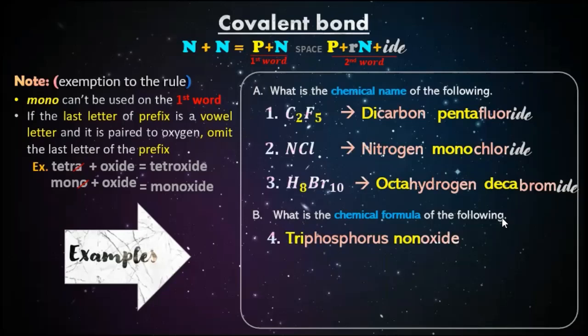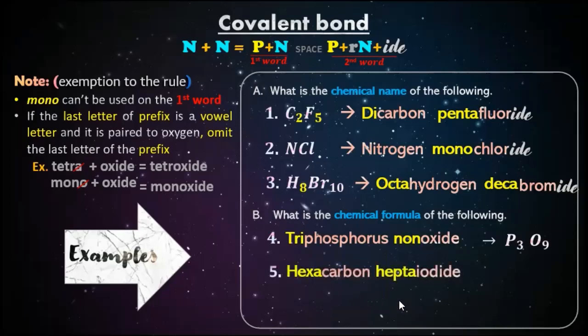So tri is 3 and nonoxide, nona, that's 9. So what's the symbol for phosphorus? That is P. And P3, and the symbol for oxygen is O, and the prefix is 9.